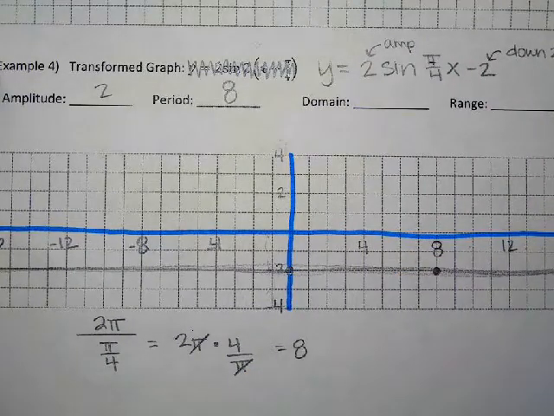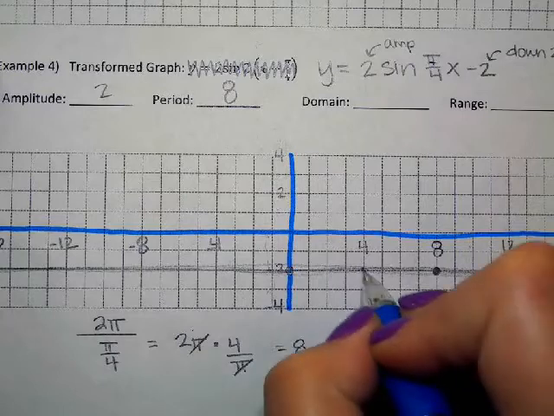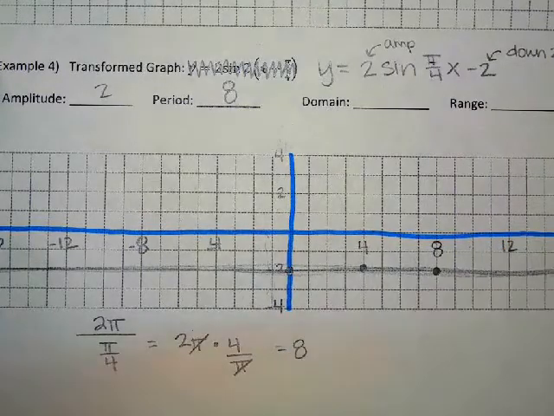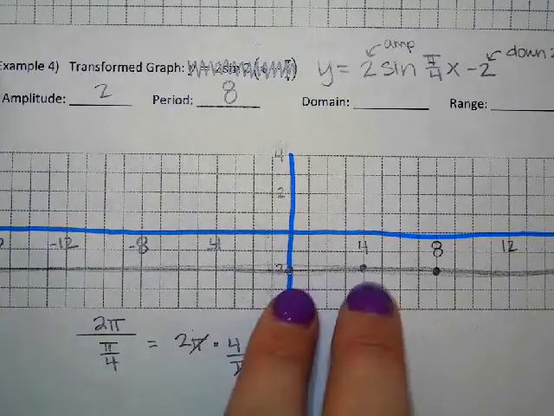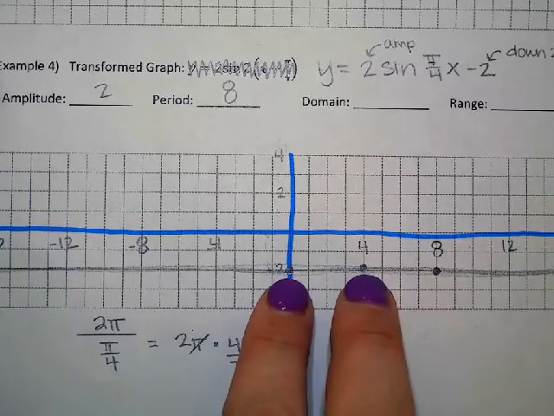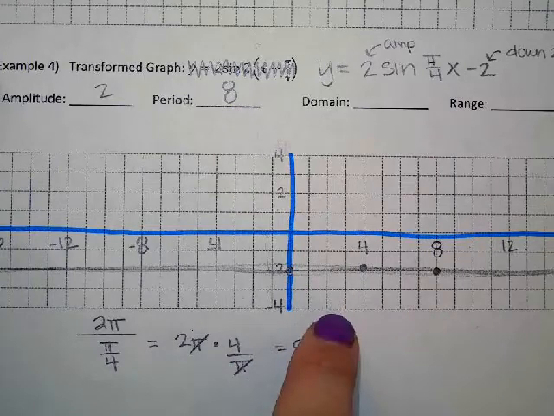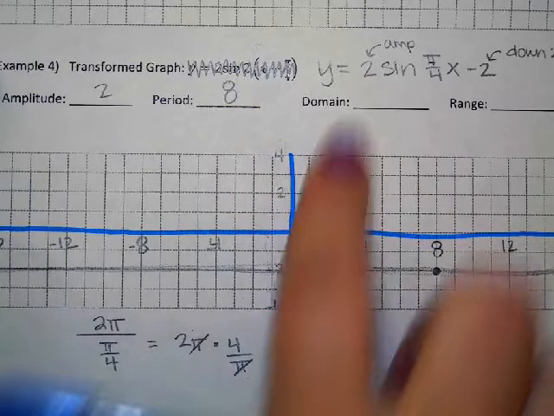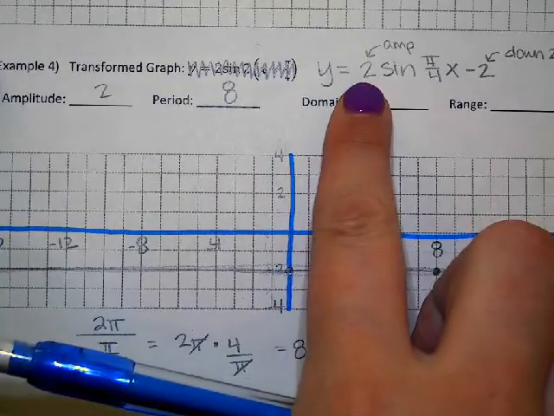Okay. And then what do we do? Yeah, so between the first 2 points, should I go up or should I go down? Up, because this is a positive graph. So normal sine curves go up first, then they go down, okay? So we're going to go up.